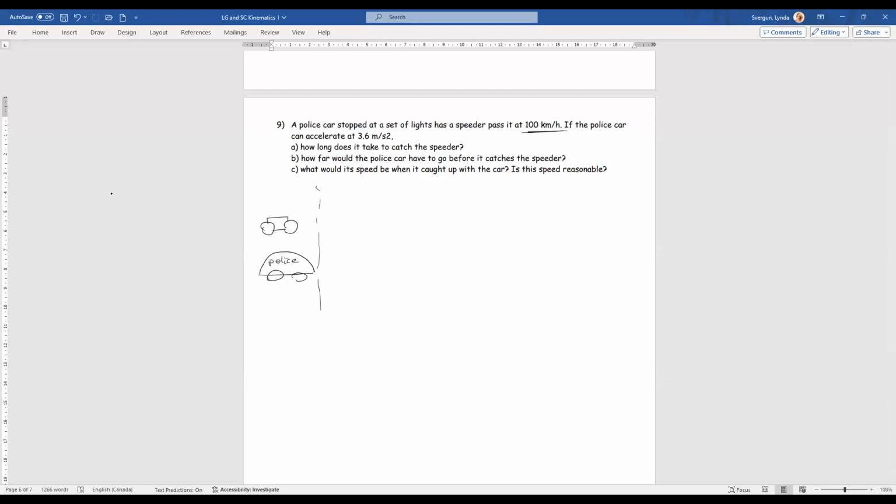So police is standing and speeder is passing by with speed too high, they think. A police car started to accelerate, with acceleration 3.6 meters per second squared from rest. When they catch, it means they will meet at some point.